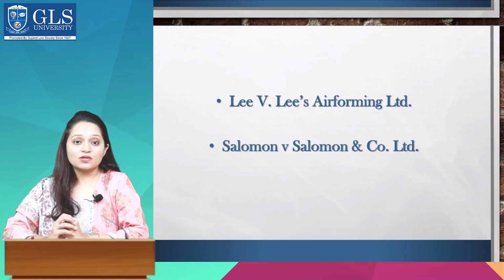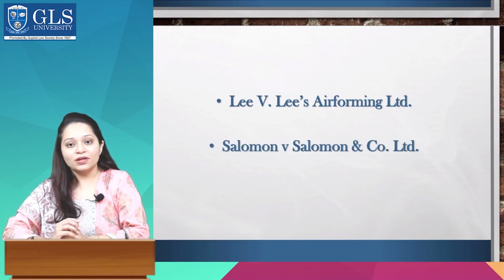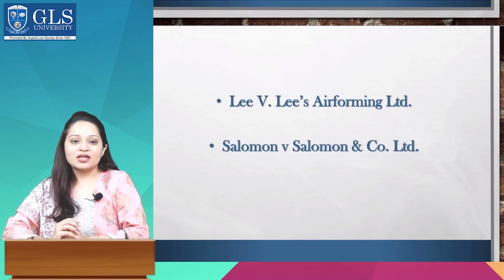Now, what was this Solomon and Company Limited? This Solomon and Company Limited consisted of Solomon, his wife, his daughter, and his 4 sons. The purchase consideration was paid by the company to Solomon and his family. They were allotted 20,000 shares and 10,000 debentures and the balance in cash to Mr. Solomon.